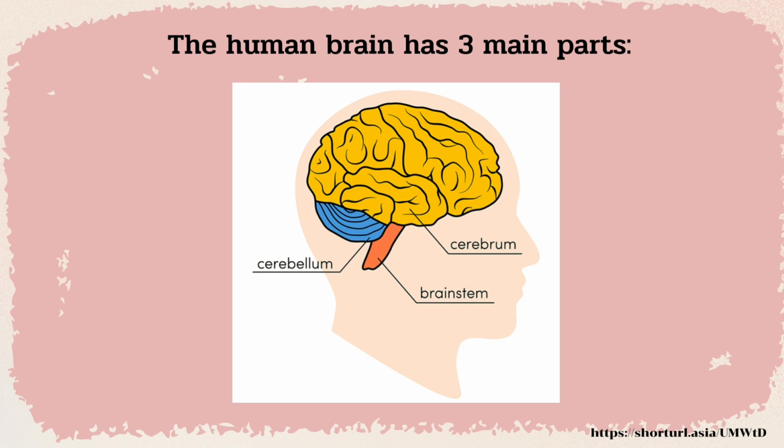3. Cerebral cortex. This consists of a left and right hemisphere and sits on top of the limbic system.